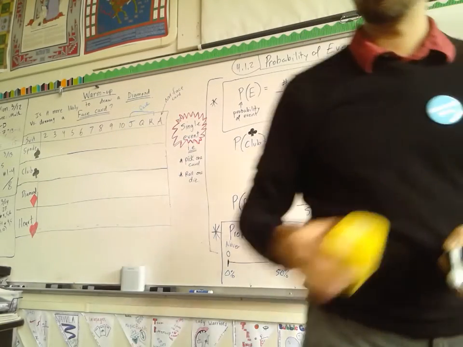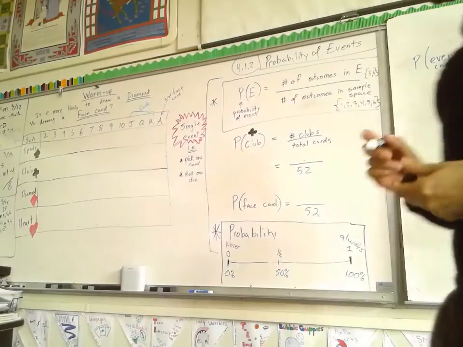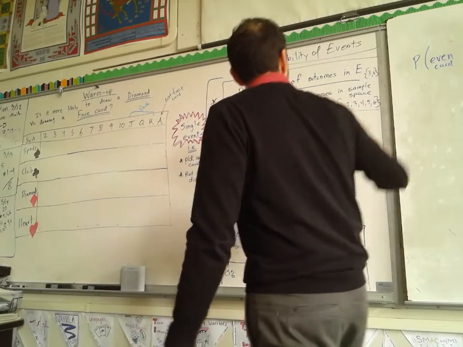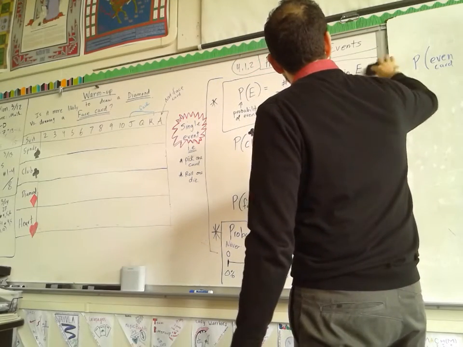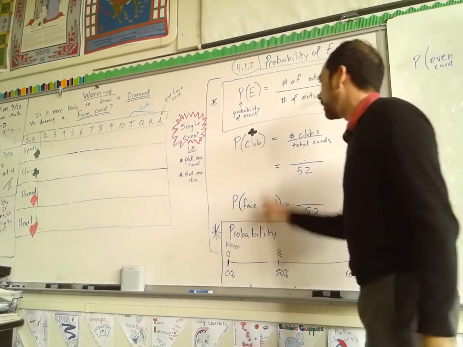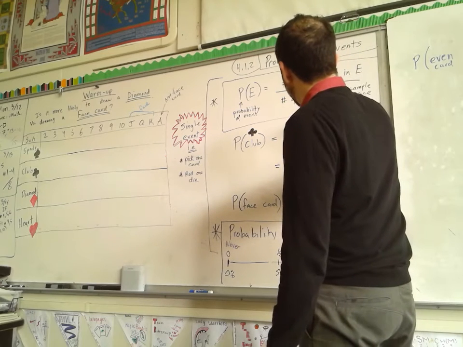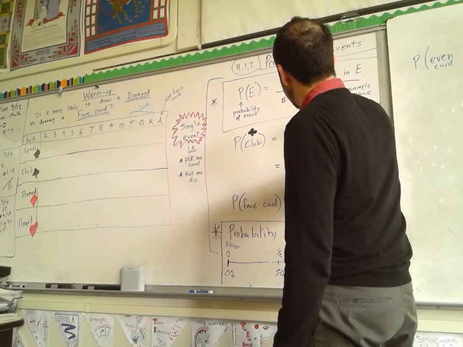Okay, so looking at that, let me get rid of that for a second. Let's go ahead and look at the probability of drawing a club card. The number of club cards, if you were thinking set theory, I might call this set C of clubs.